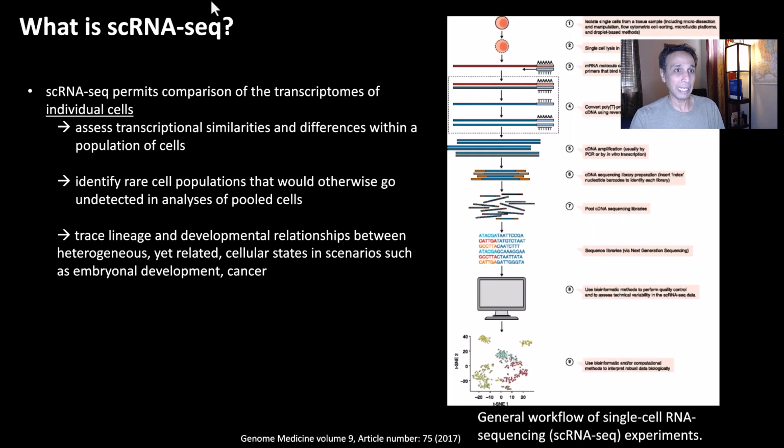So that's basically what scRNA-seq helps us with. I'm just again putting up a workflow that I got from this publication. Again, an excellent publication that you should definitely read. This is a general workflow of single-cell RNA sequencing. Basically, you extract your RNA transcriptome, and once you have that, you convert it into cDNA, and cDNA amplification gets done.